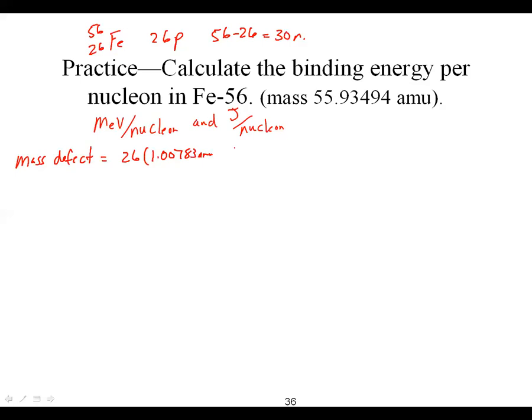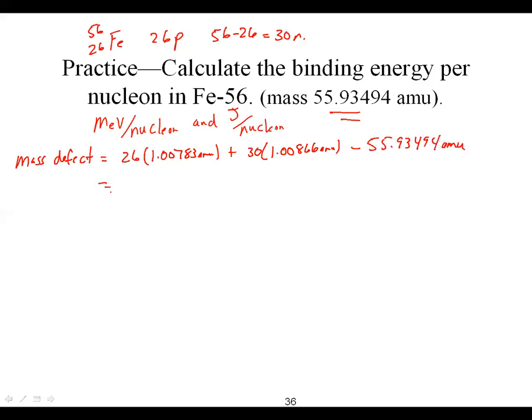going to add it to our 30 neutrons, which each are 1.00866 AMU. Again, we're going to subtract it from the atomic mass of the isotope, which is 55.93494 AMU. And that's going to give us a number.